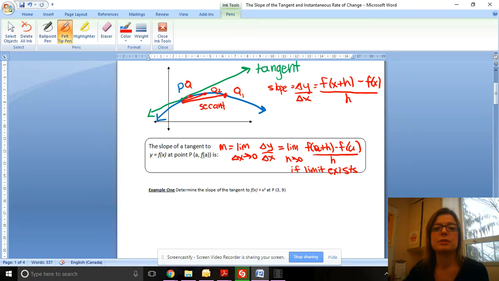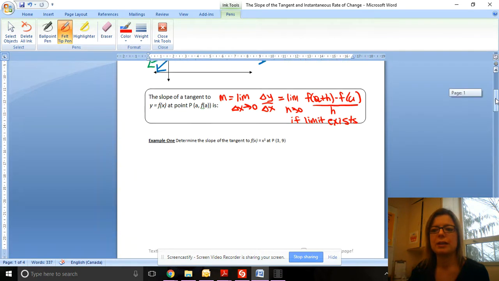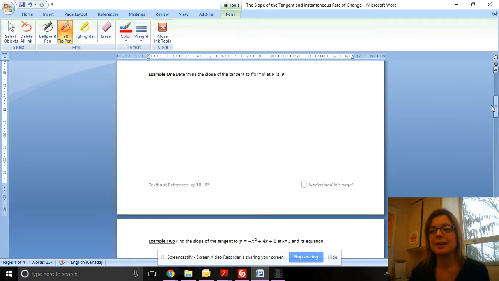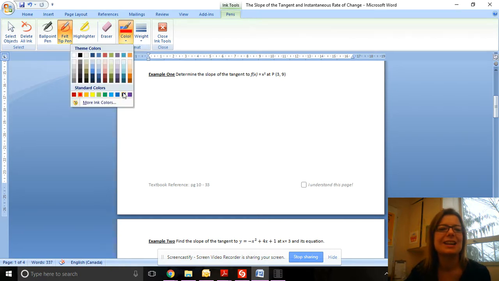H gets closer and closer, so in other words, the secant becomes infinitesimally close to the tangent so that it basically becomes the tangent. That is the concept. So let's go and actually find some slopes of tangents now without having to estimate them. Yay, this is so much more exciting than advanced functions.